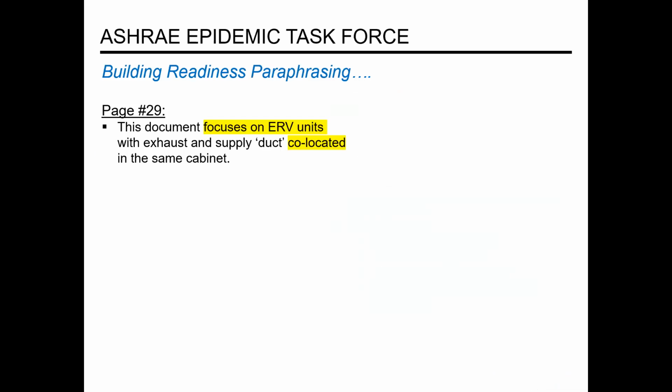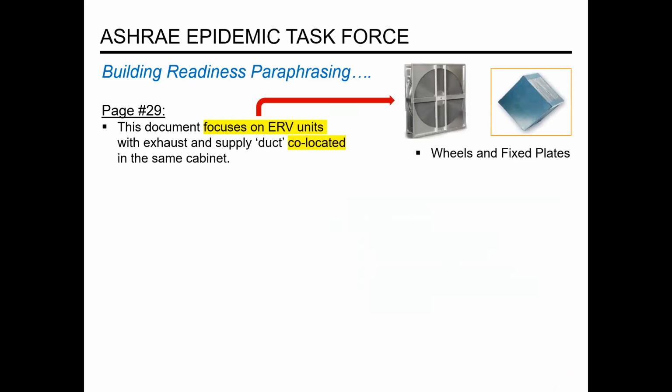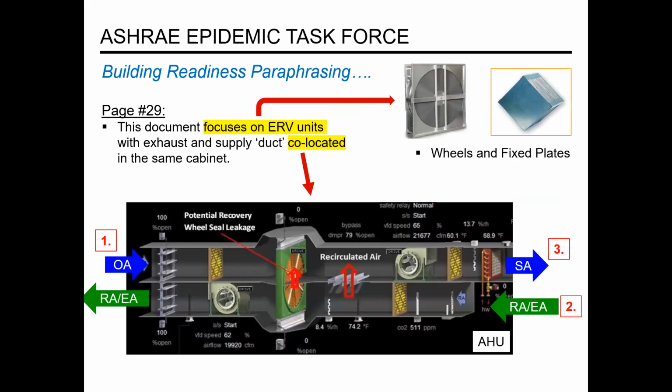All right, so page 29, paraphrasing once again, this document focuses on ERVs with exhaust and supply ducts co-located in the same cabinet. The two products that they discuss the most are wheels and fixed plates. When they say co-located, this picture is what they're considering.